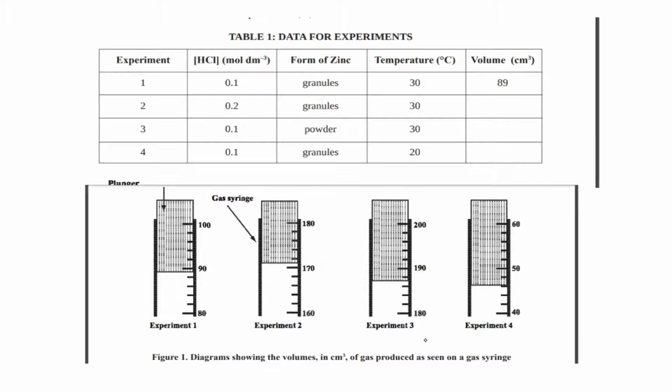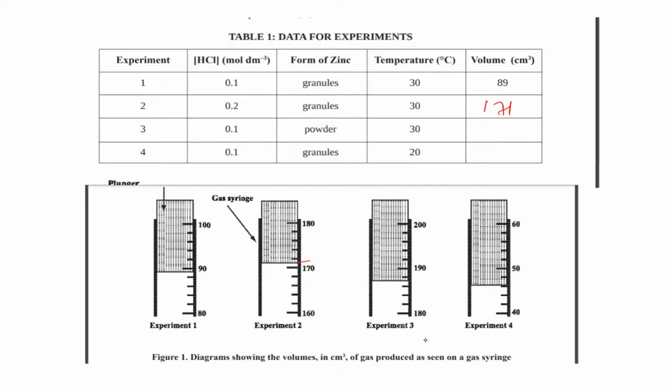Each graduation is 2, so 2 cm cube. So this will be 162, 164, 166, 168, 170, and 172. So in between, right here would be about 171, right? Hope we're seeing that.